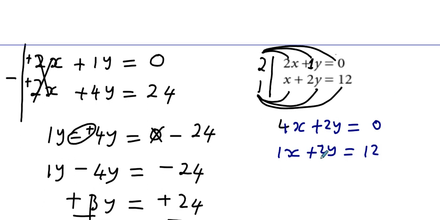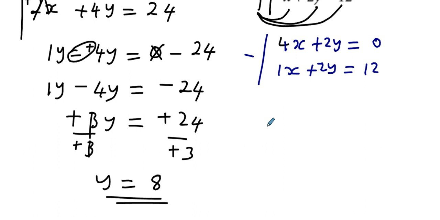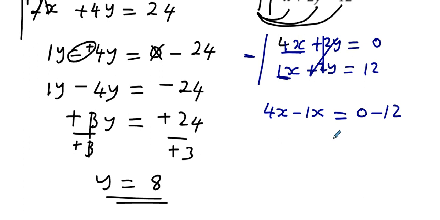We have 2y and 2y, both positive, same signs, subtract. This will be 4x minus 1x, 2y minus 2y cancels, and then you do 0 minus 12.